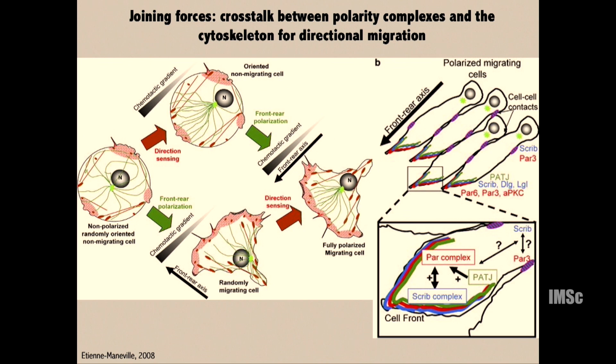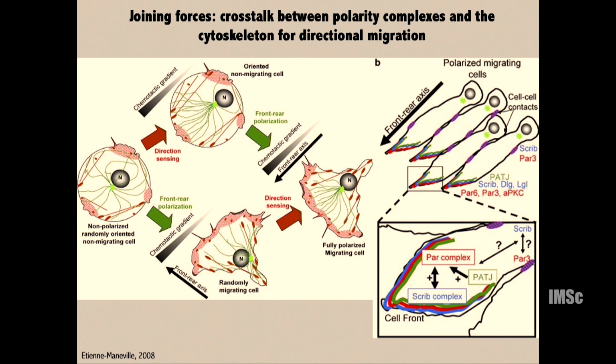The last thing I want to introduce is a set of proteins called polarity complexes that allow polarization even in response to a chemotactic gradient, as for example in the neutrophil, which develops a front-rear axis.